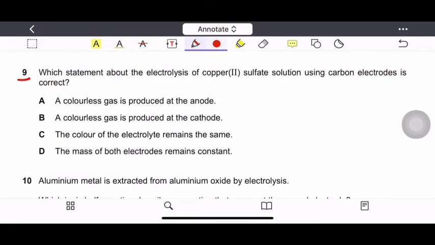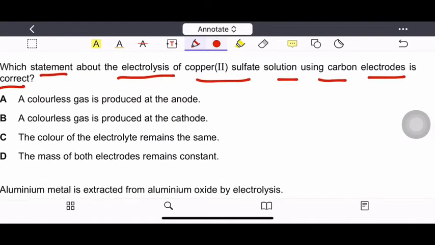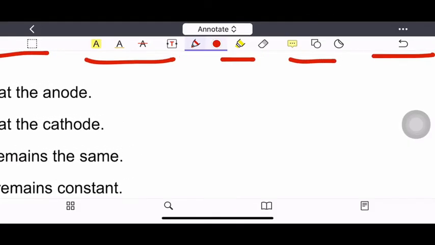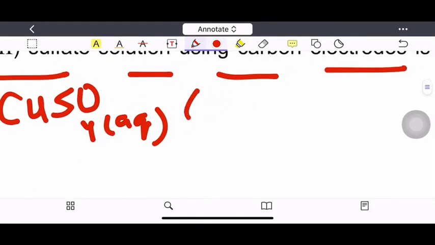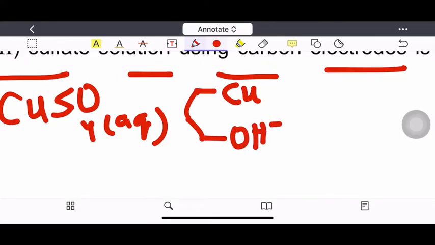Question 9. Which statement about the electrolysis of copper 2 sulfate solution using carbon electrodes is correct? First of all, let us see about copper sulfate electrolysis. It is an aqueous solution, so it results in production of copper and hydroxide ions.